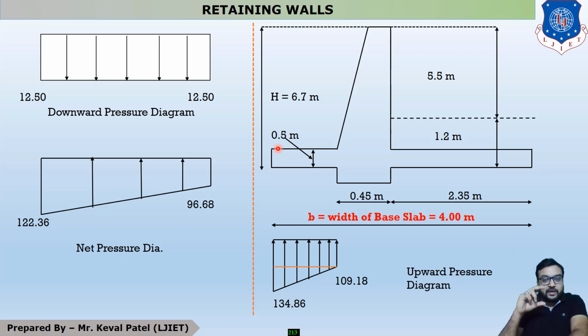So our value of capital D is 500 mm and small d is the effective depth.